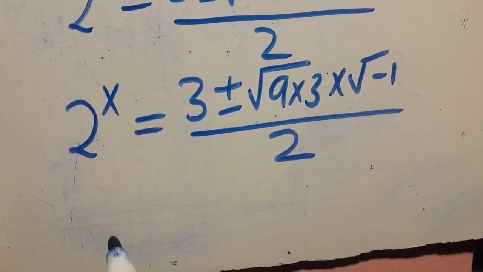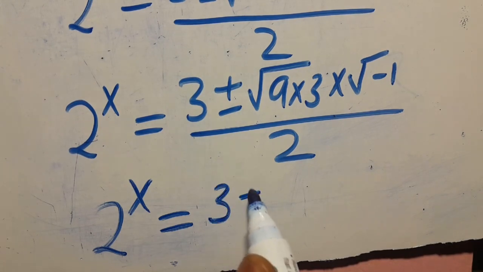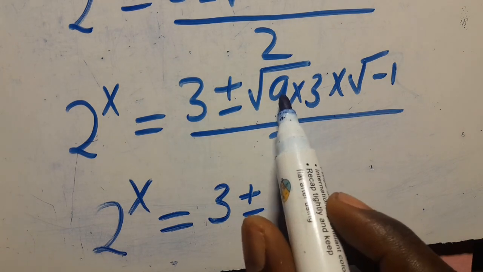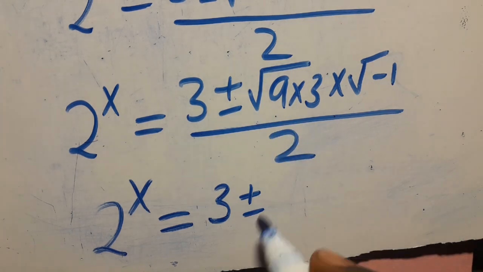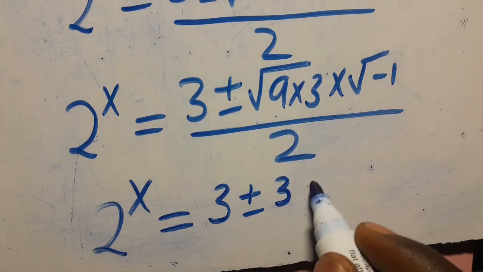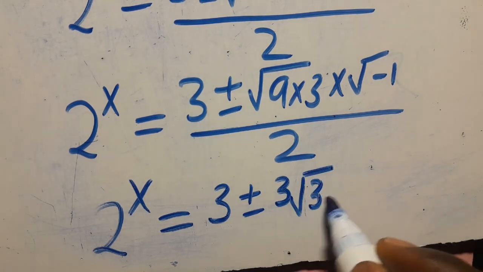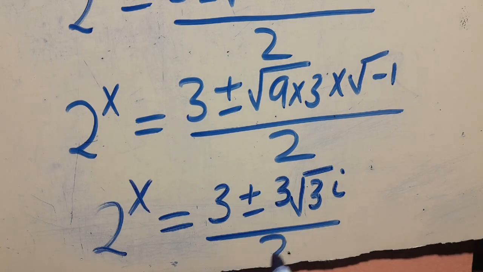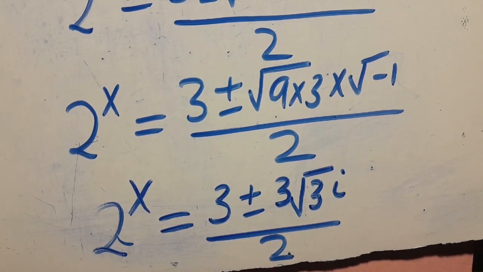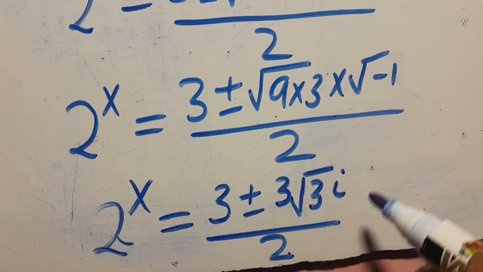So 2 to the power of x equals 3, positive or negative, root of 9 will give us 3 multiplied by root 3 i, all divided by 2. This is another solution where you can solve for the complex. Bye bye. Complete this.